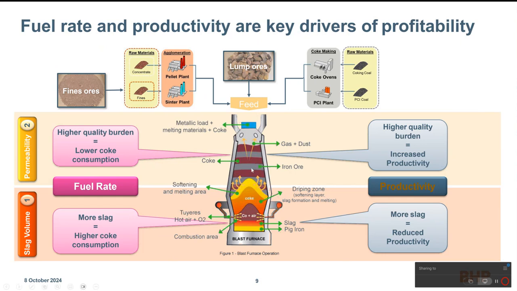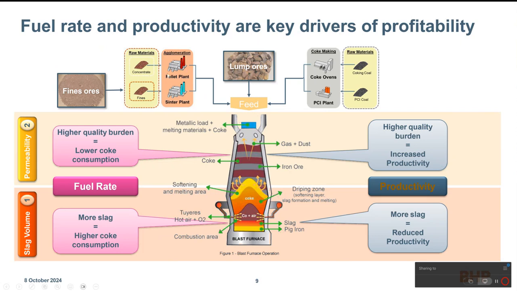Iron ores are fed into the blast furnace in alternating layers of iron ore and fuel, in this case coking coal, and the quality of those iron ores, so the iron grades and the impurities, drive productivity, and also the physical properties of those ores, so their size distributions allow for greater or less transfer of energy to propagate through the column in the blast furnace, and that impacts the productivity of the blast furnace.